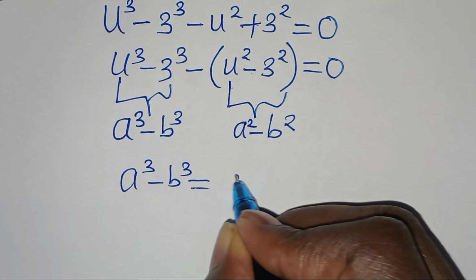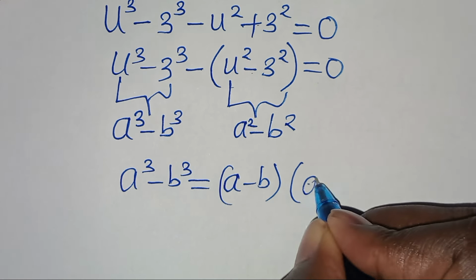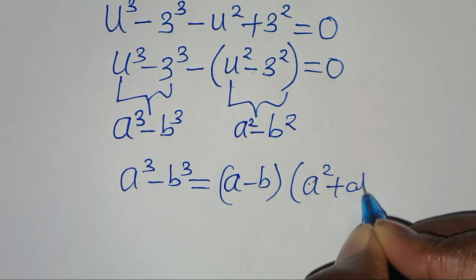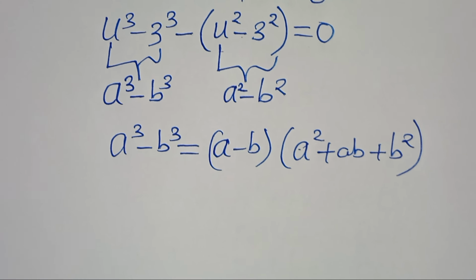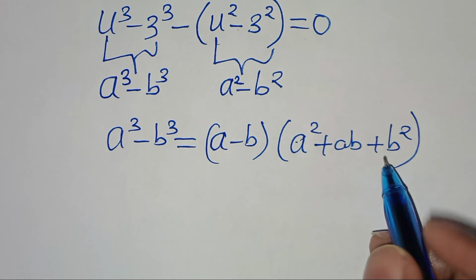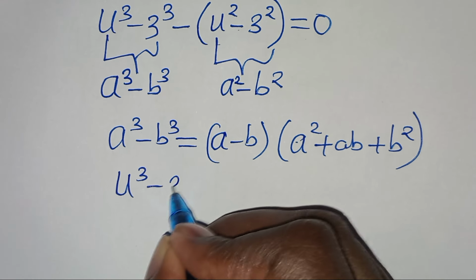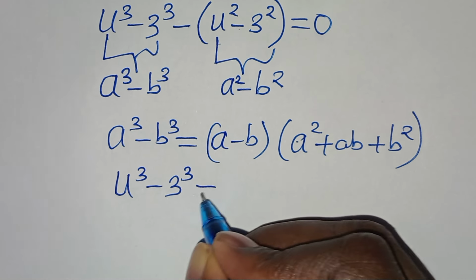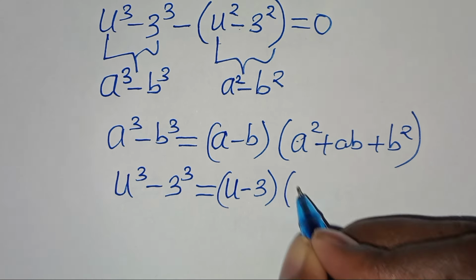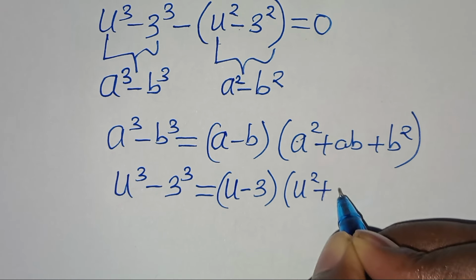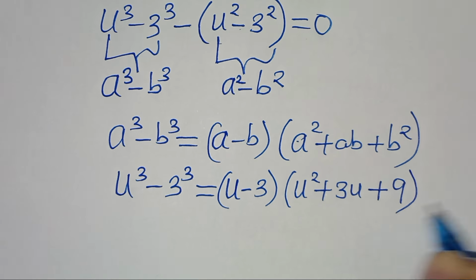This is the same thing as a minus b, into the parentheses, a squared plus a times b, then plus b to the power of 2. Applying this identity, then u to the power of 3 minus 3 to the power of 3 can be expressed as u minus 3, here we have u squared plus 3u plus 3 squared, which is 9.